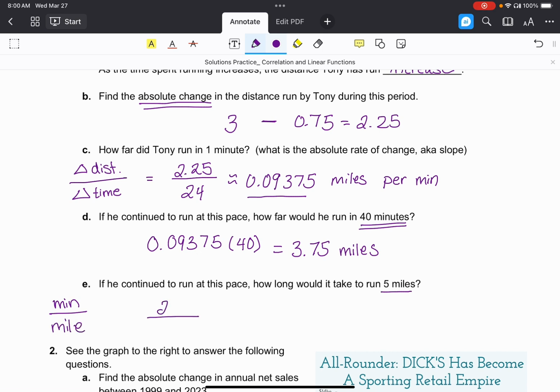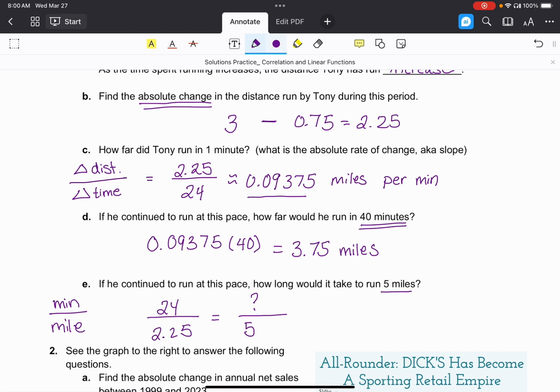So I know that it takes 24 minutes for him to run 2.25 miles. Well, that relationship should stay the same when he runs 5 miles, but I want to know how much time it will take. So I'm going back to this notion of proportional reasoning that we set up way back in the opening weeks of the semester.